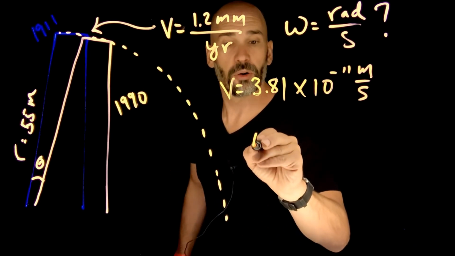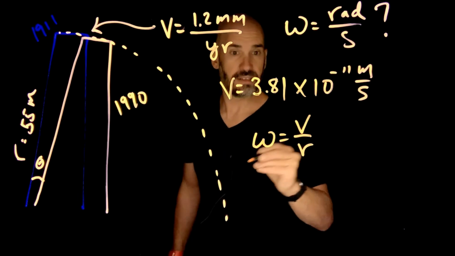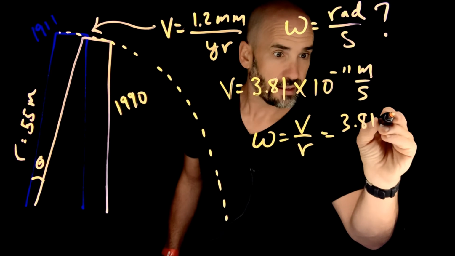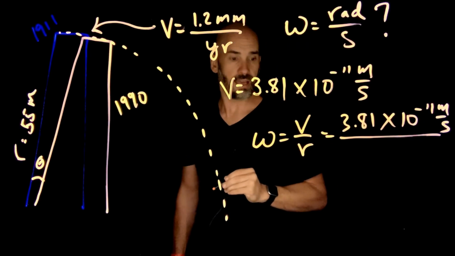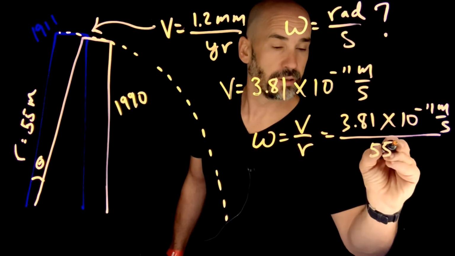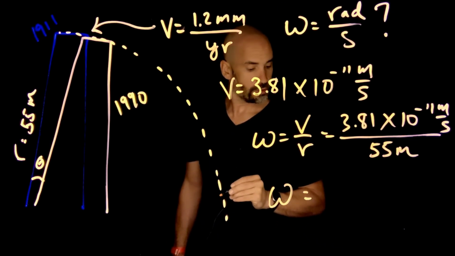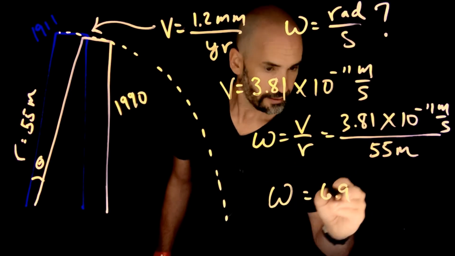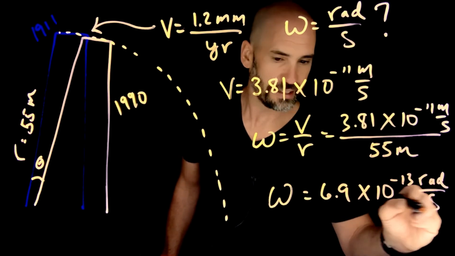I just know that omega is equal to v divided by r. That v, as we said, is 3.81 times 10 to the minus 11 meters per second, divided by the radius, which is 55 meters. So omega is going to be 6.9 times 10 to the minus 13 radians per second.